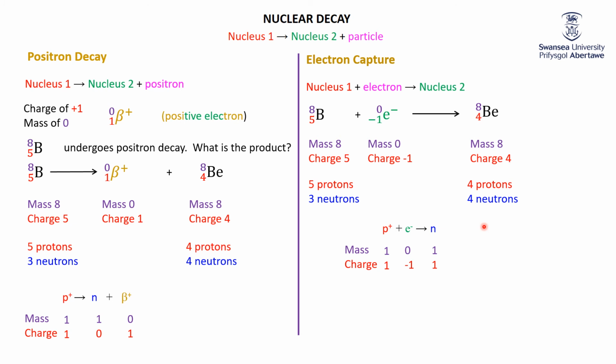Now, in the next movie, we're just going to talk about the properties of these, the alpha, the beta, and the gamma, in terms of how they behave in a magnetic field and their role as penetrating radiation. We'll also talk about the kinetics of radioactive decay, it's first order. And so everything we did associated with first order reactions back in the kinetics module, we can now talk about in terms of nuclear decay.